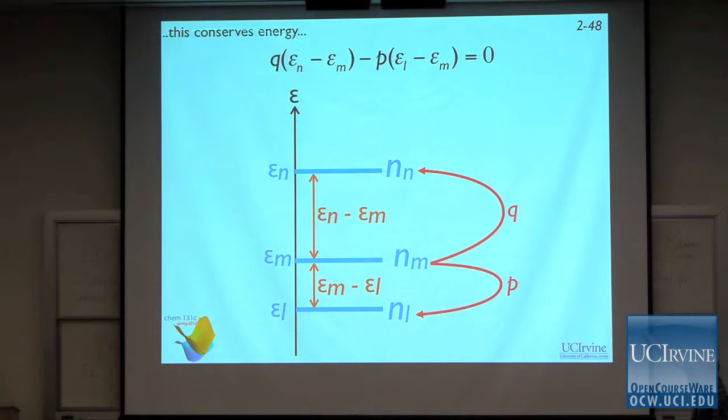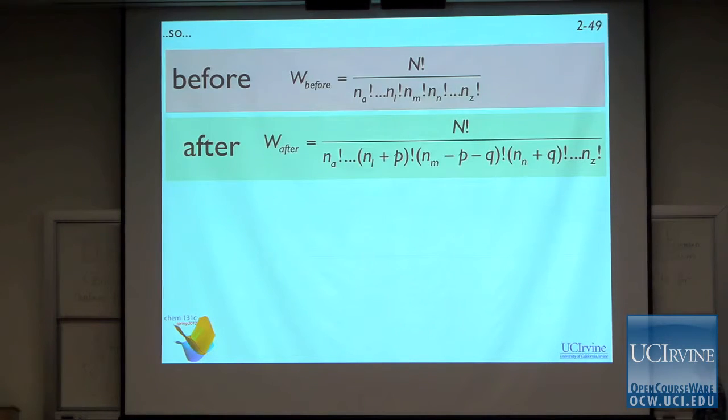So what conserves energy? Well, Q times that difference, N minus M, minus P times that difference has to be equal to 0. So we're going to choose P and Q so that they satisfy this equality right here. Now, here's our number of microstates. We already said they're given by this equation.